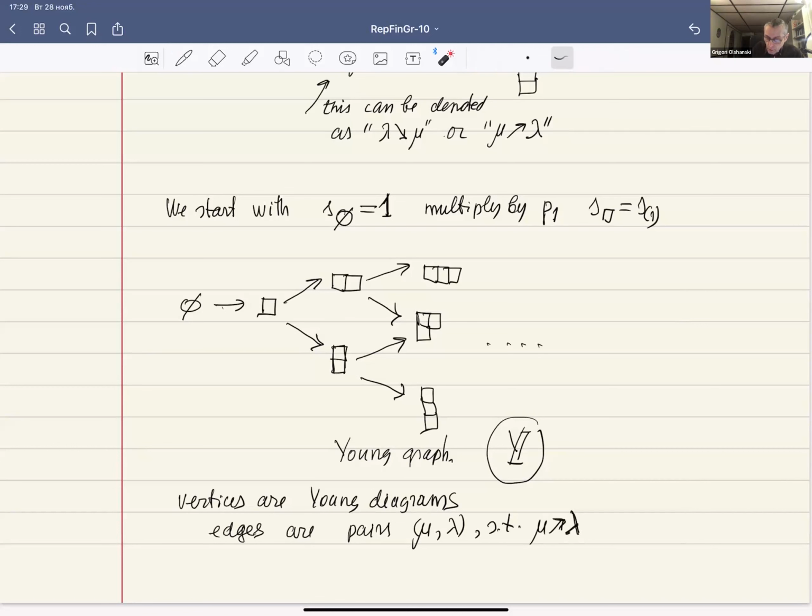So these arrows are just the edges of the Young graph.